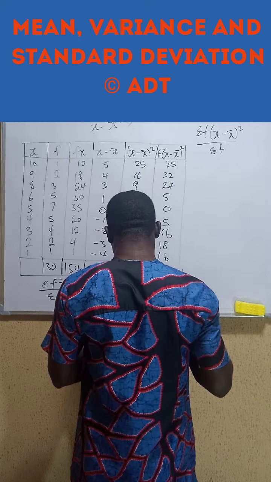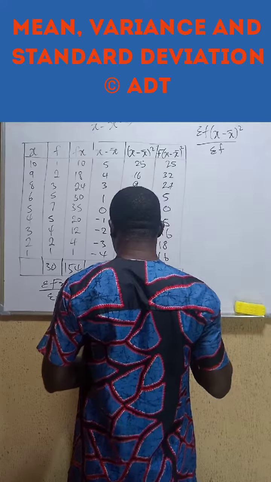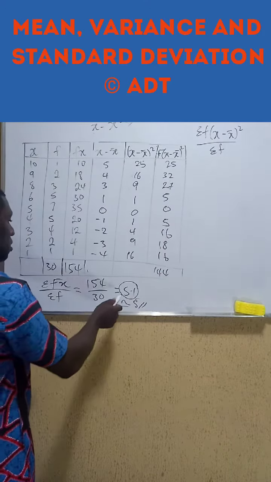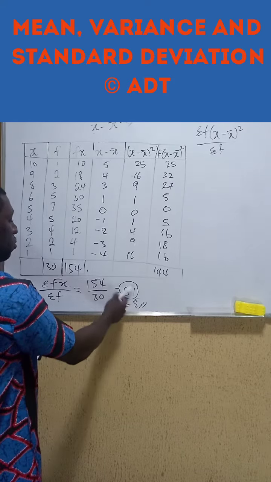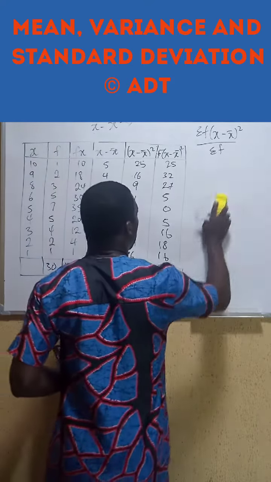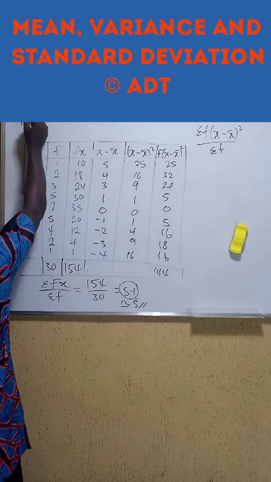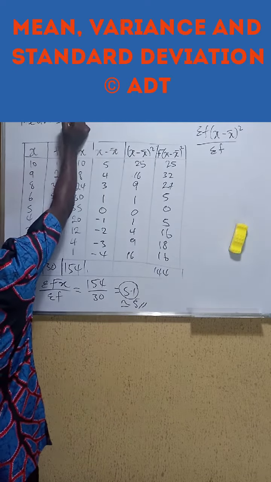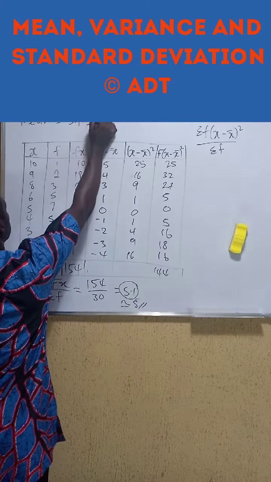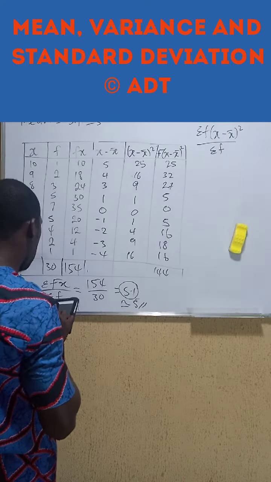So we have to find the mean, and we have actually found the mean, and the mean is 5.1. The exact answer is 5.1. This is the approximated answer. So somehow we've answered the first question. So the mean is actually 5.1, or approximately 5.